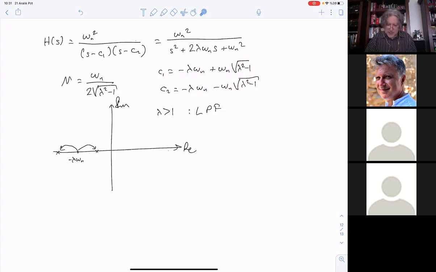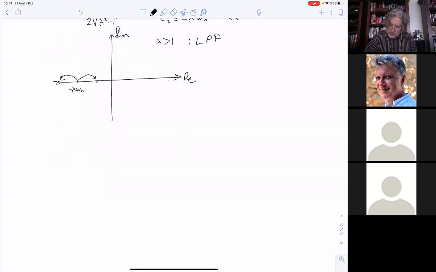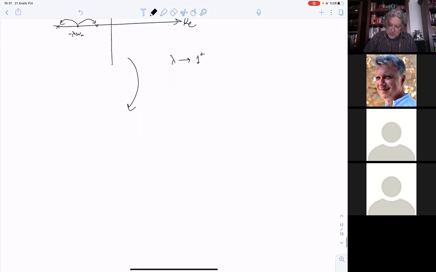Lambda is equal to 1, remember that. So from here, as lambda approaches 1 plus, we will have two poles, multiple poles, at around minus omega n.